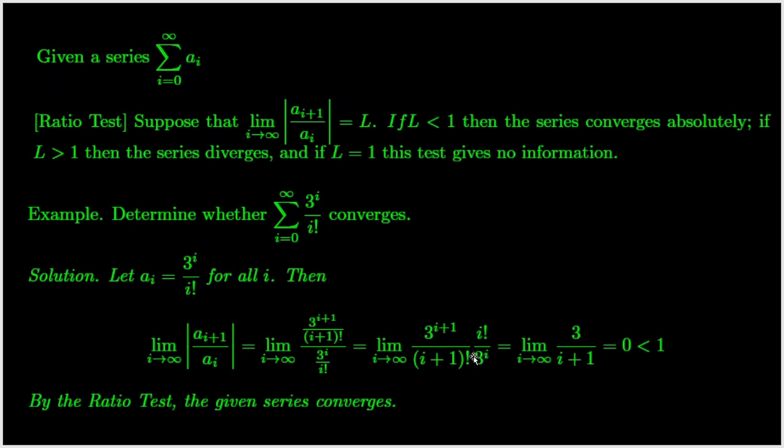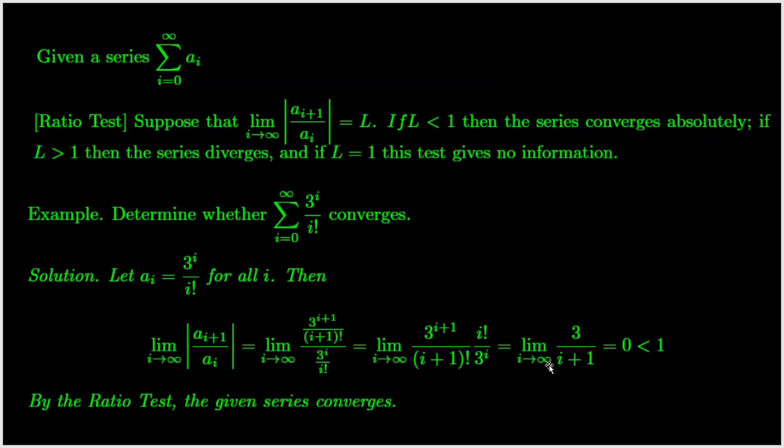Simplify. You cancel out the 3 to the power of i from the numerator and the denominator. There remains a 3 on the numerator. And likewise, you cancel out i factorial from the numerator and the denominator. There remains i plus 1 on the denominator. And then we take the limit as i goes to infinity.